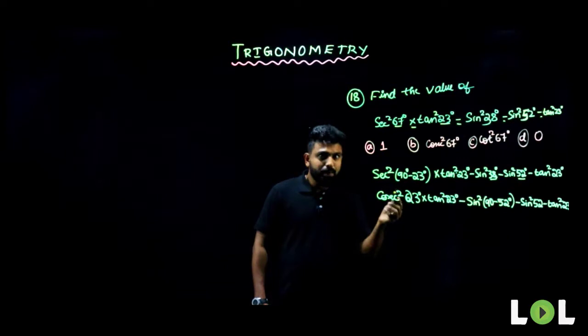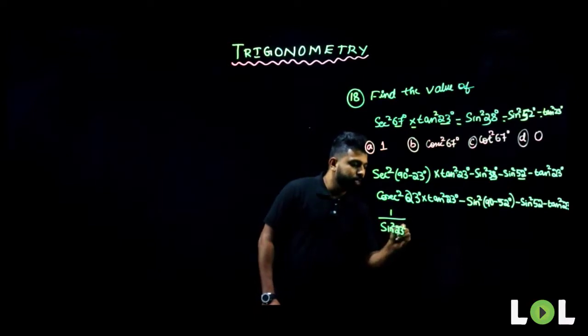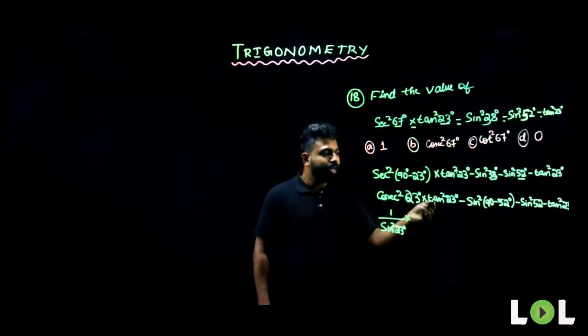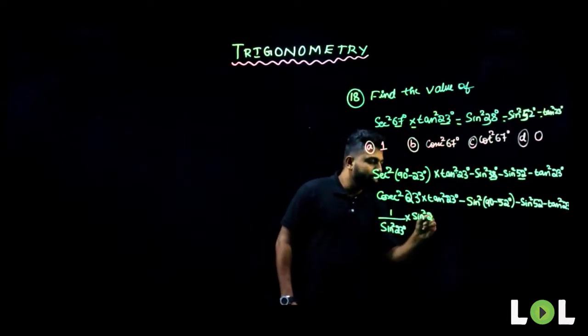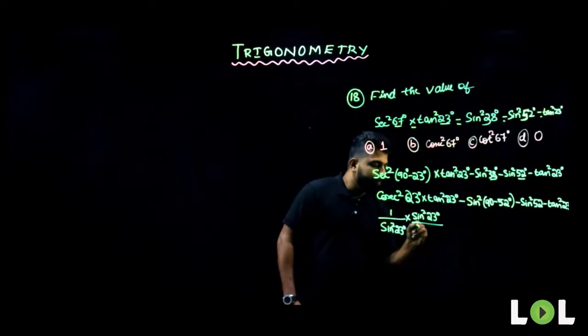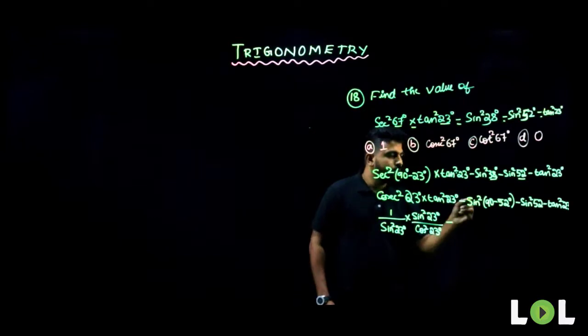Cosecant square is nothing but the inverse of sine square. So, I can write this as 1 by sine square 23 degrees into, how can I write tan square as? Tan square can also be written as sine square 23 degrees divided by cos square 23 degrees. Now again, minus, what is this?